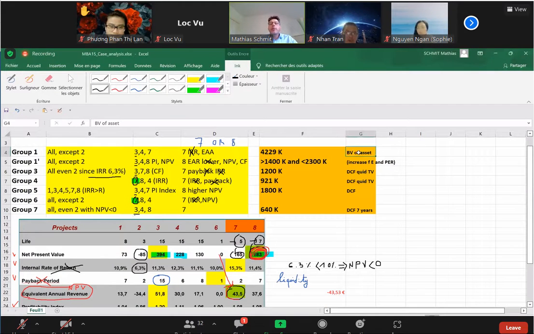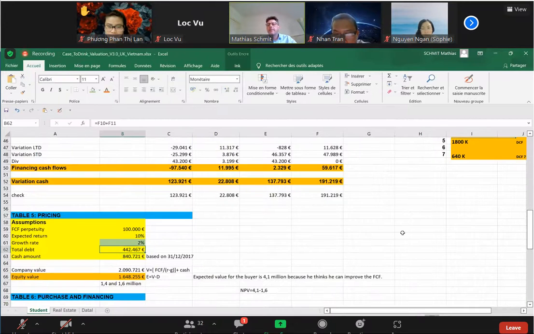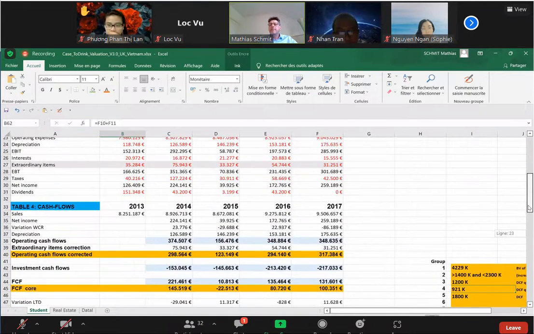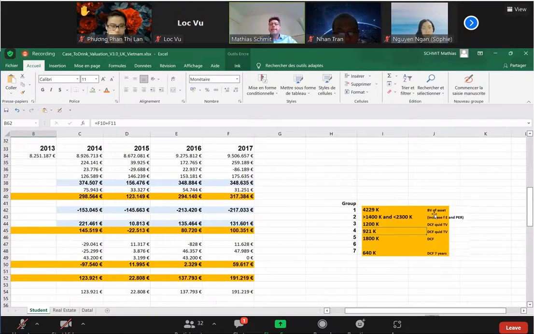Be aware of the book value of the assets.